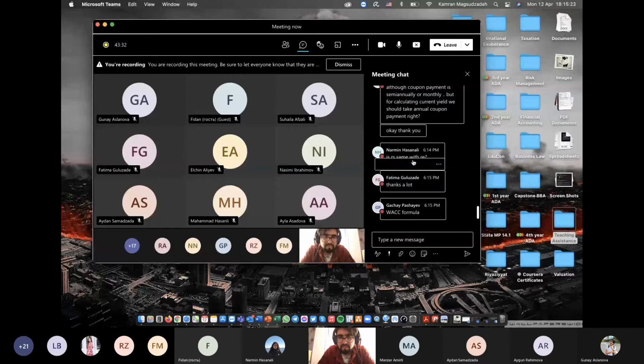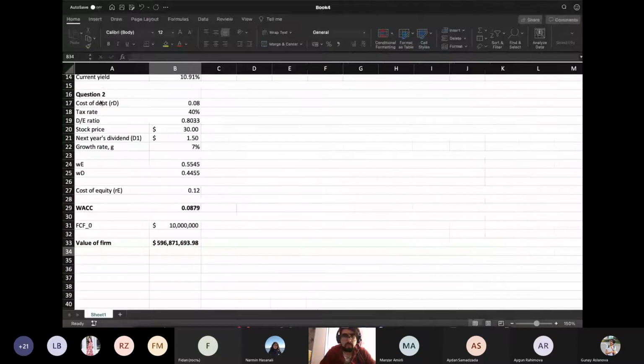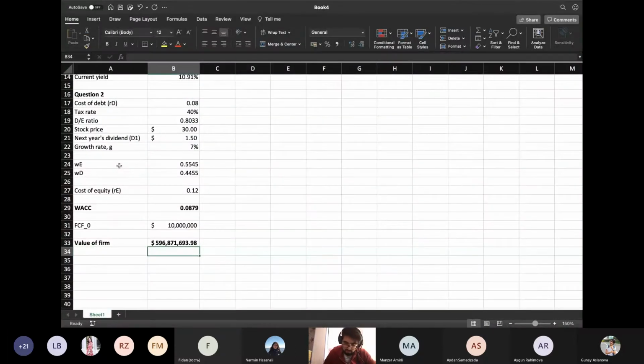Yes, they are required rates of return. WACC formula, okay, let me write it down. The WACC formula is weight of equity multiplied by cost of equity plus weight of debt multiplied by cost of debt multiplied by 1 minus tax rate.